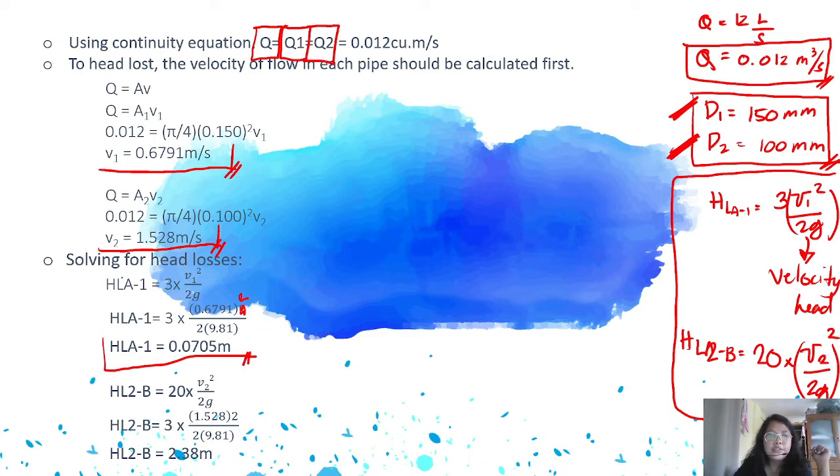And the head loss from 2 to B is 20 times the velocity head, so 20 times V2, which is 1.528.